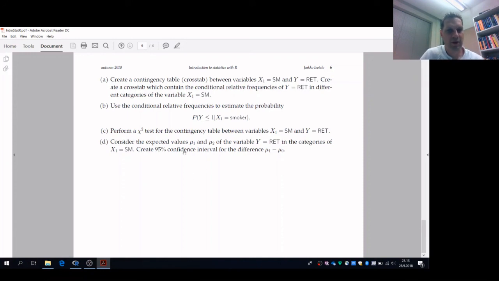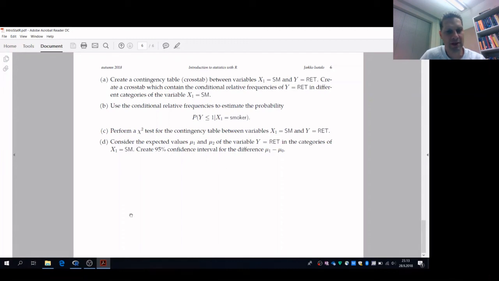So we have now performed this contingency table for these variables, and we should now consider the difference between the expected value of the variable y in the categories of X, and create a confidence interval. If we have categories defined by this X variable, then there's subpopulation 0 and subpopulation 1.